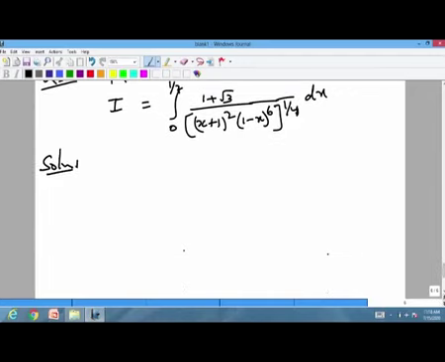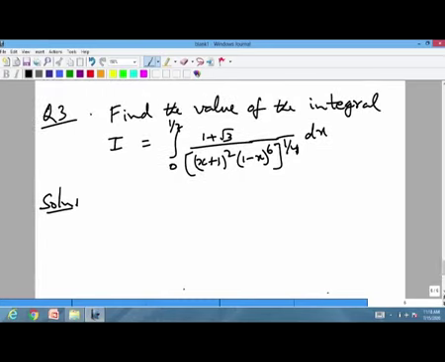Let us try to solve this problem. So, first we will do a little simplification and write I is equal to 1 plus root 3 times integral 0 to half dx over (x plus 1) square and (1 minus x) to the power 6 with power 1 by 4.